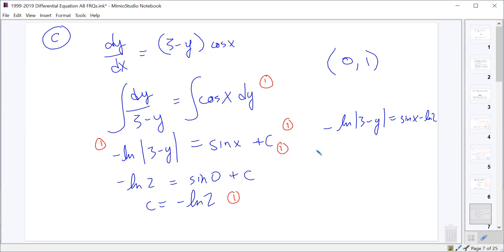So we can make this natural log absolute value 3 minus y equals ln 2 minus sine x. Then we exponentiate both sides to make it absolute value 3 minus y equals e to the ln 2 times e to the negative sine x, which should just be 2 e to the negative sine x. Everybody good with that?